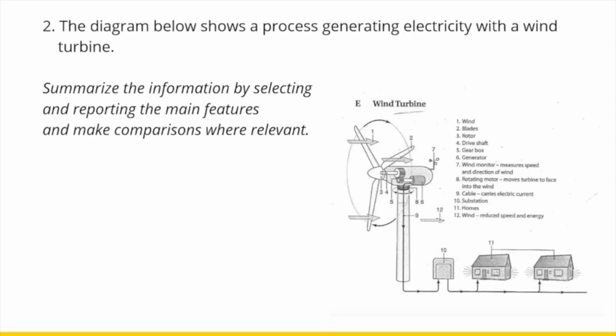Do not skip the most important changes, and do not skip important steps in this case, and just follow the plan. And again, just like your graphic and a previous before and after about changes essay, diagram, so you have the same type of requirements. Summarize the information by selecting and reporting the main features and make comparison where relevant. And that's it for our process kind of diagram. So this is just an example for you to see.